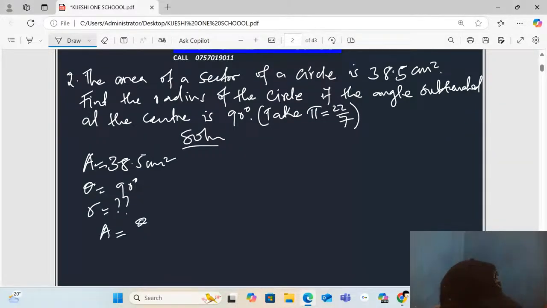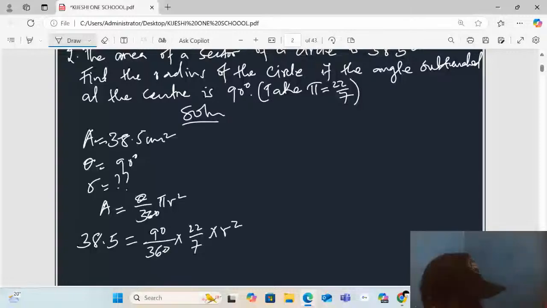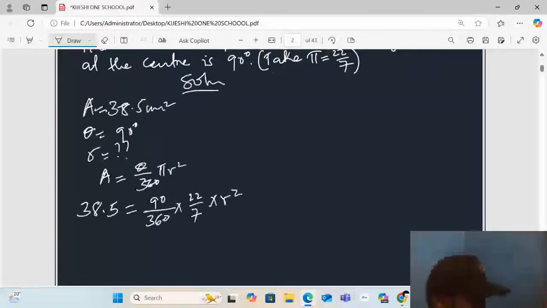The area 38.5 is equal to theta over 360 times pi r squared, which is 90 out of 360 times 22 over 7 times r squared. So we therefore have to find the value of r squared.